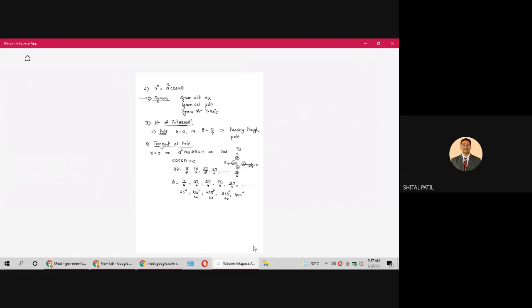See, these 4 values are less than 360 degree, but 405 is greater than 360 degree, and in fact it is 360 plus 45. Ultimately it is equal to 45 degree only, and that is already considered here. So whether I write 405 degree or 45 degree, both of them are the same.